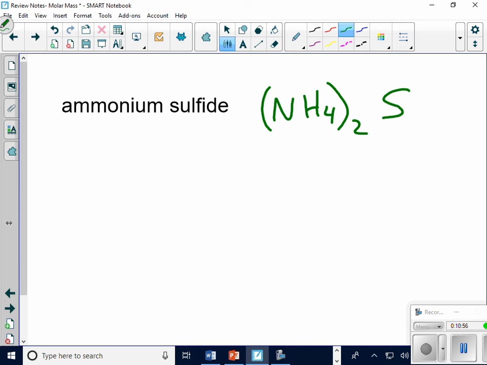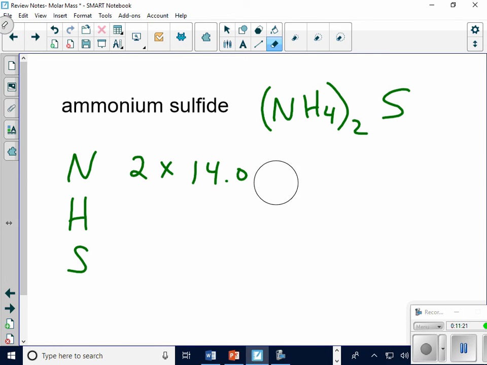Once again, as I'm going through, I have nitrogen, I have hydrogen, I have sulfur, all contributing to my molar mass here. So, nitrogen contributes 2 atoms at 14.0067.